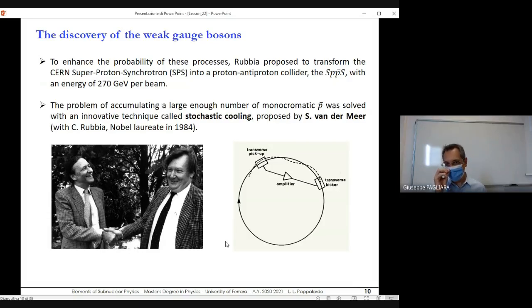Again, from the technological point of view, this was a real challenge. Let me ask you, how would you create a beam of protons? Try to think. What are protons? Hydrogen nuclei.